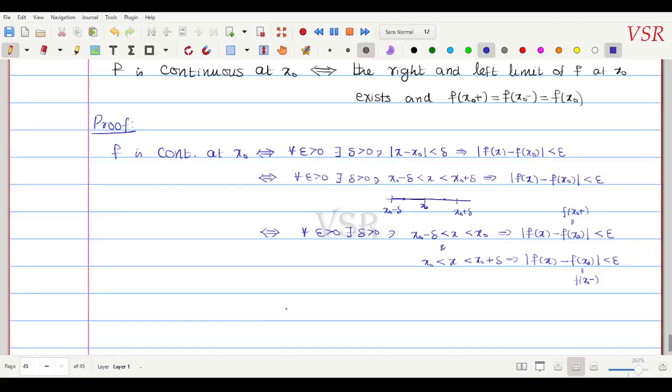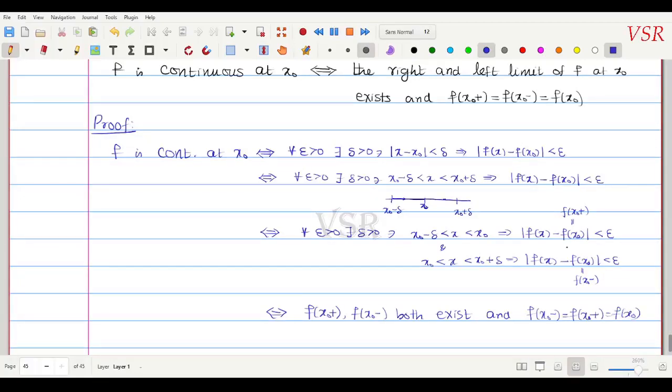Therefore this holds if and only if f at x naught plus and f at x naught minus both exist, and we have f at x naught minus equal to f at x naught plus, which is equal to f at x naught.